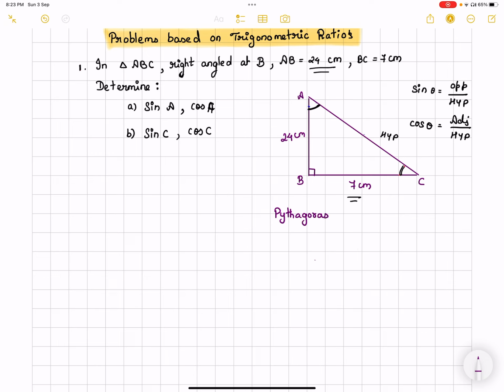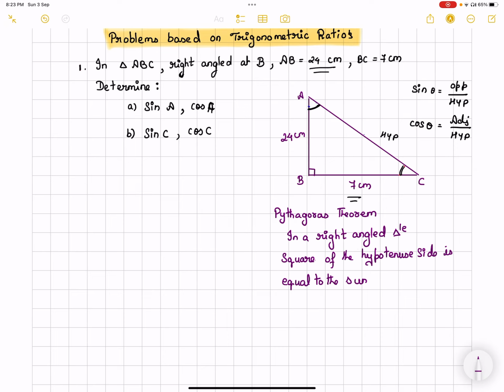Pythagoras theorem: as per this theorem, in a right angled triangle, the square of the hypotenuse side is equal to the sum of the squares of the other two sides.